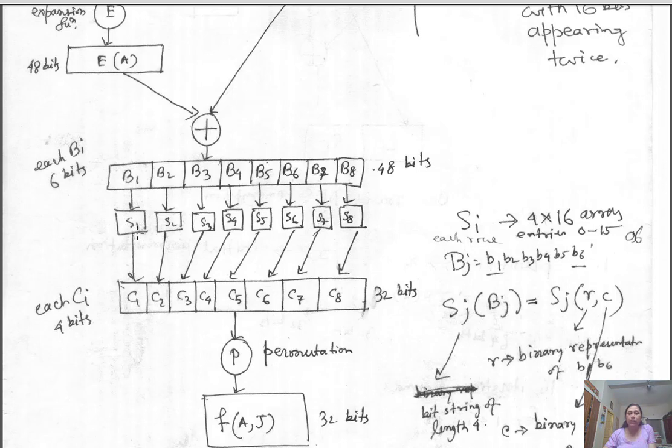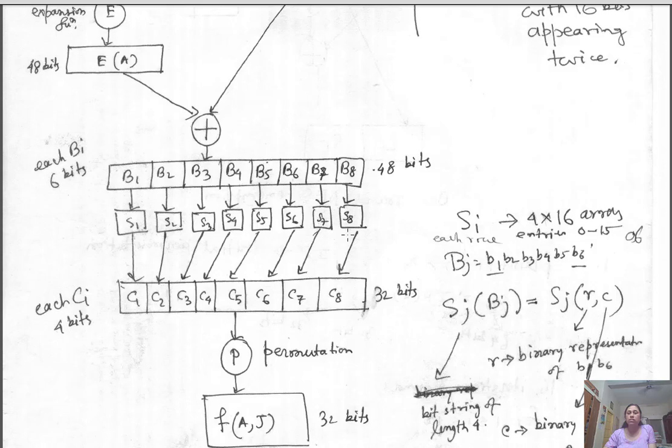So essentially, the 48 bits after passing through the S boxes become 32 bits, because there are 8 boxes, and the input to each box is 6 bits, so 48 bits in total, but the output of each is 4 bits.